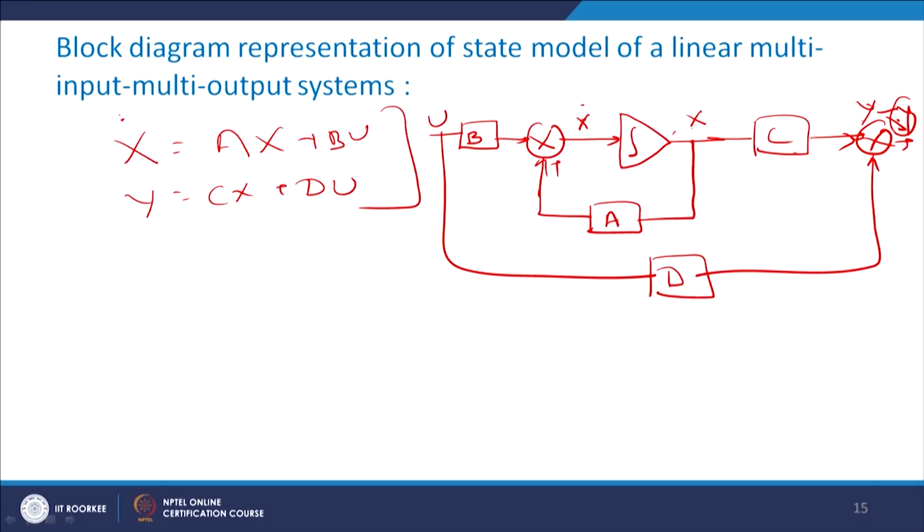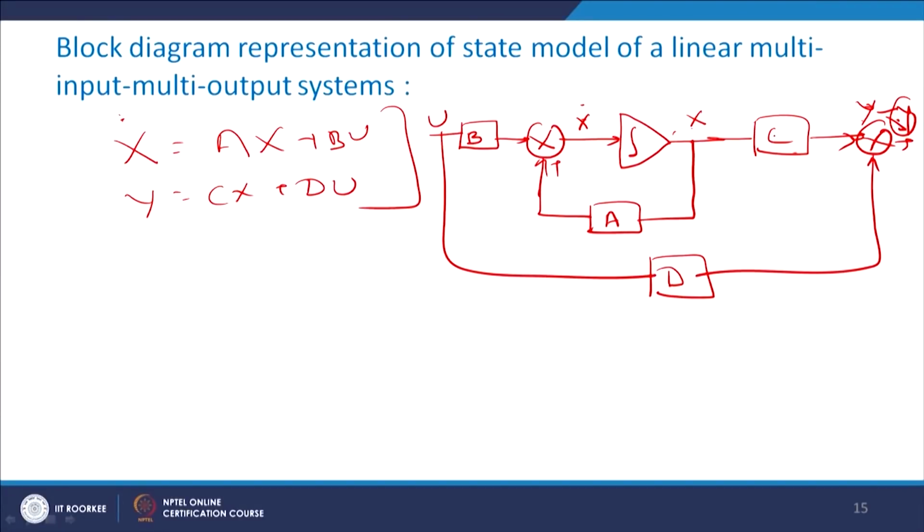So, this is a block diagram representation of a state space model of a linear multi input multi output system. X dot equals Ax plus Bu, and what is y? Y equals Cx plus Du.